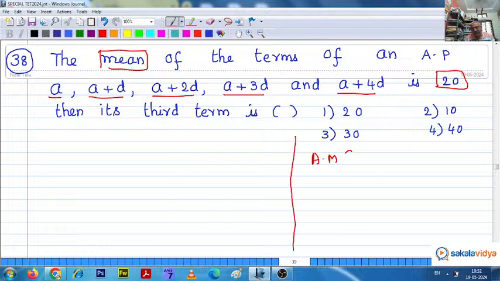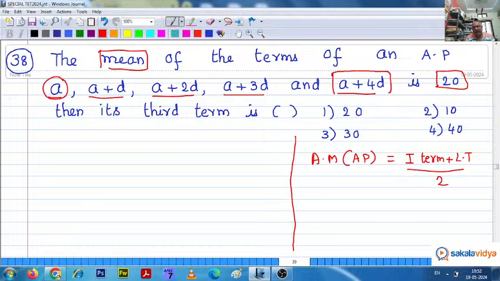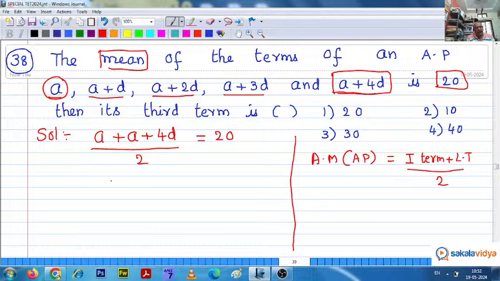The arithmetic mean of an AP is equal to first term plus last term by 2. So here the first term is A, the last term is A plus 4D. The arithmetic mean is given as 20. So (A plus A plus 4D) by 2 is equal to 20. That is, 2A plus 4D by 2 equals 20.